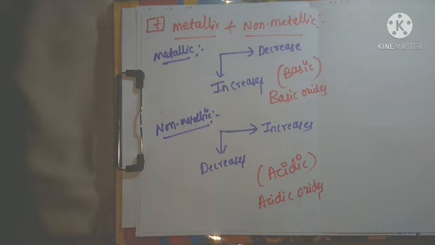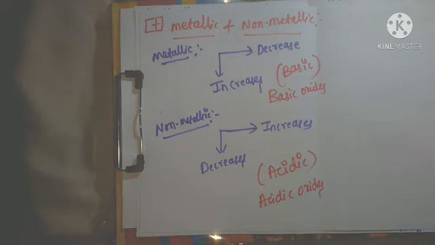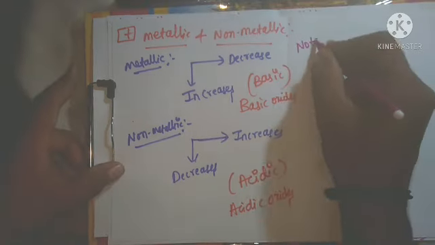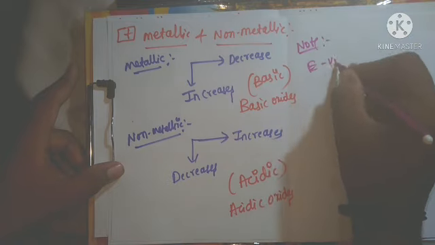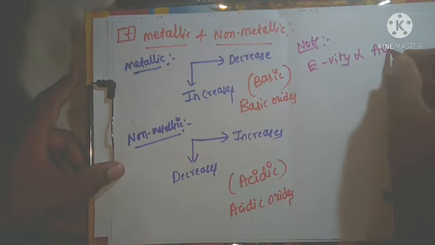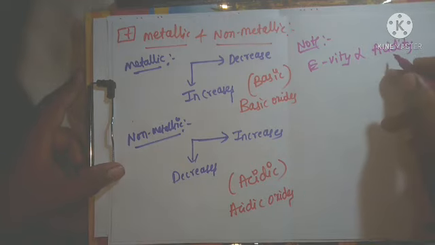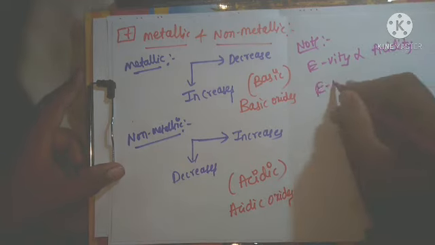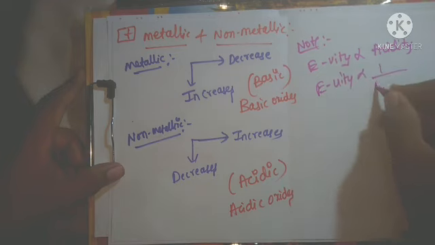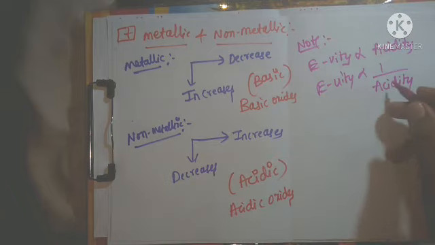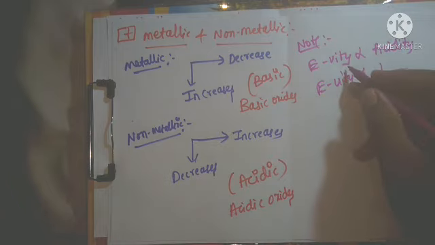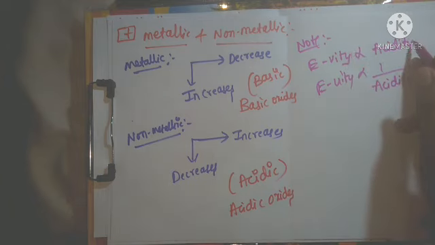Again one more point I will write here. Note: electronegativity is directly proportional to acidity, right? More electronegativity means more acidic nature, and less electronegative means less acidity.